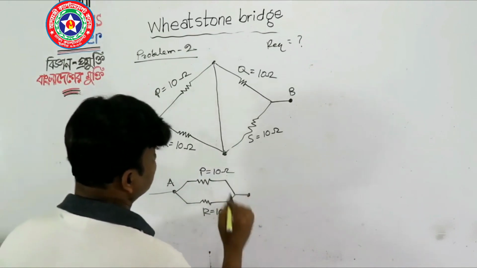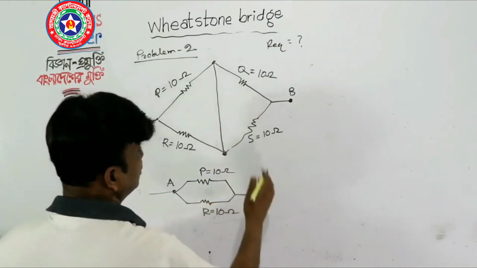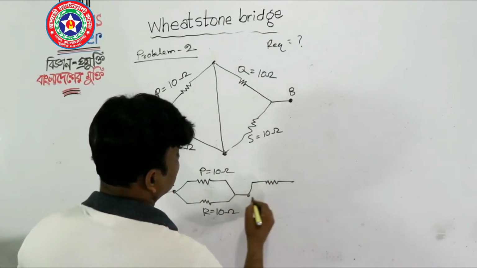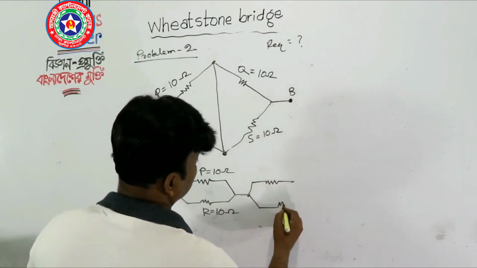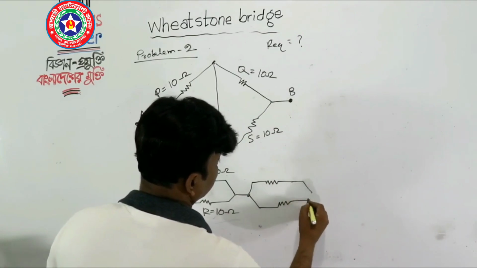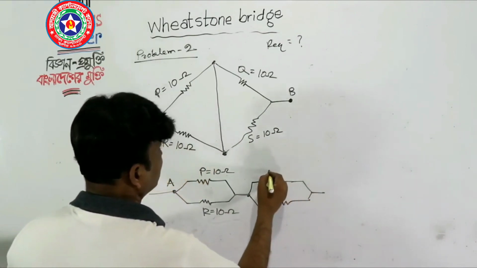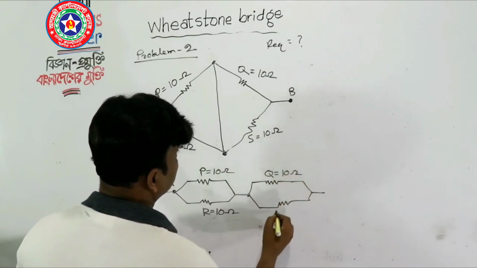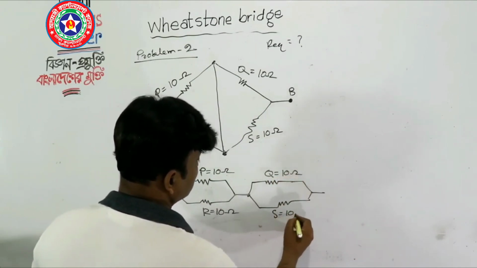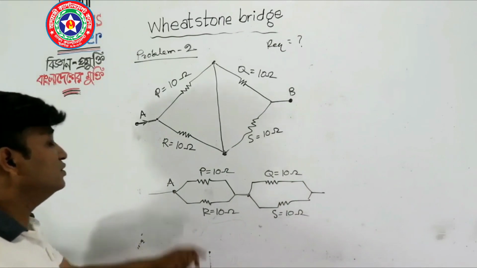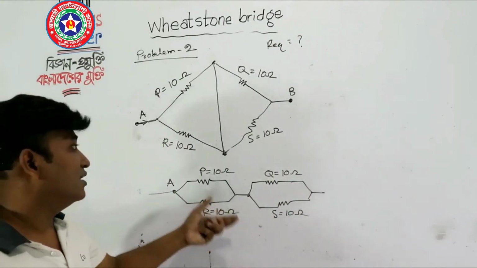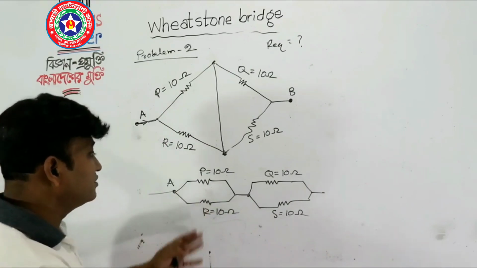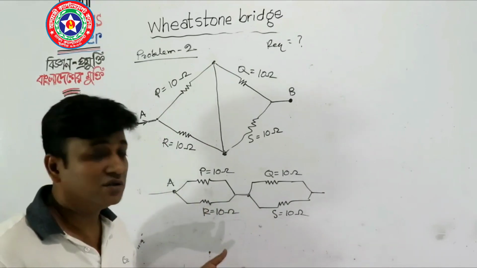It is connected in series with Q and S, but Q is parallel with S. Okay, here the value of Q is 10 ohms and here the value of S is 10 ohms. Okay, we can rearrange this circuit like the circuit which I drew below.